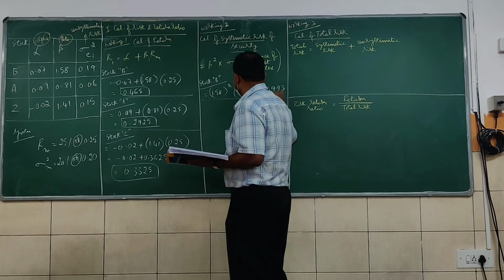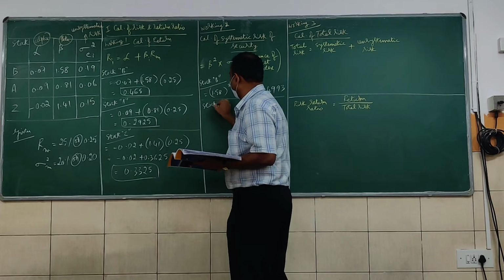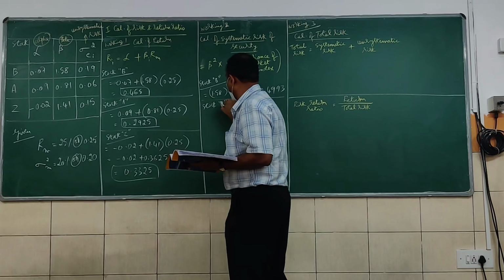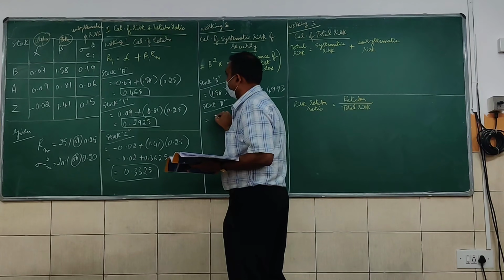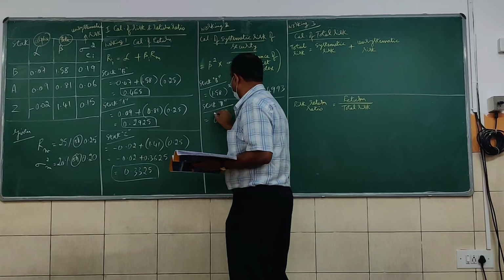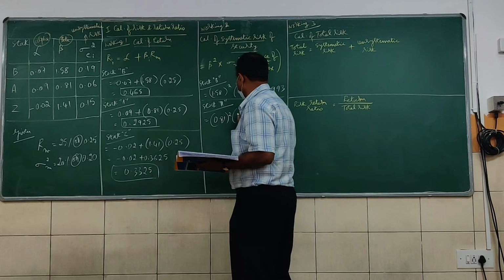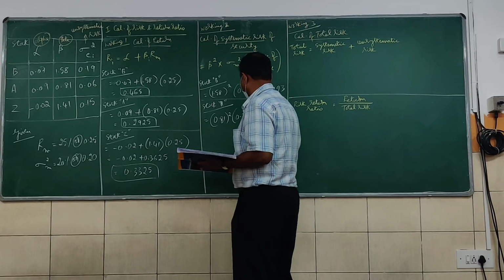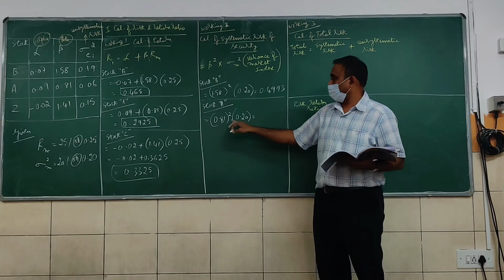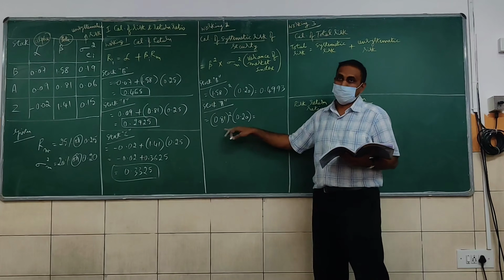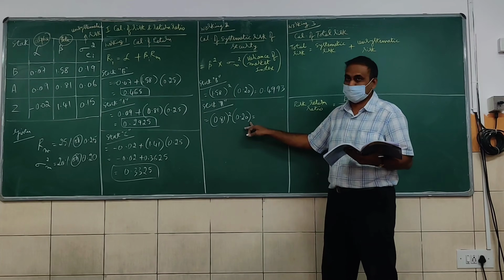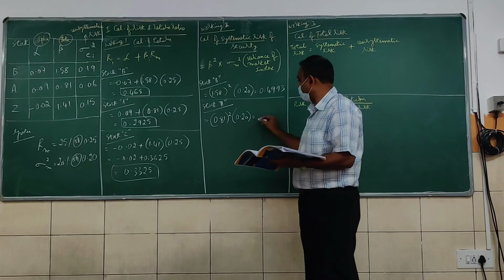Then for stock A, 0.81 squared into 0.20. Same here, 0.81 into 0.81, you get a value, again multiply that with 0.20.